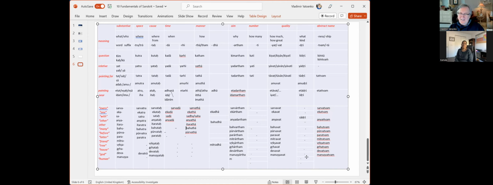Ekatvam, oneness, anyatvam, otherness, bahutvam, manyness, devatvam, divinity, manushyatvam, humanity. So you have these suffixes in English, like ness, ship, t, which make abstract names.